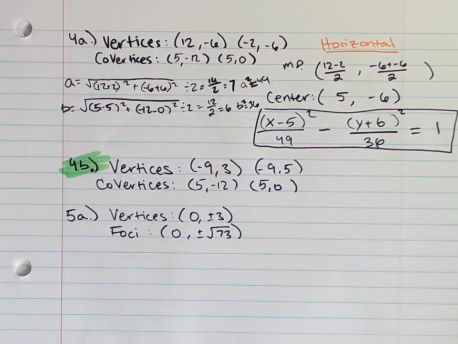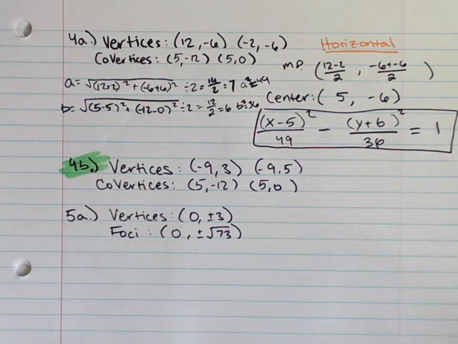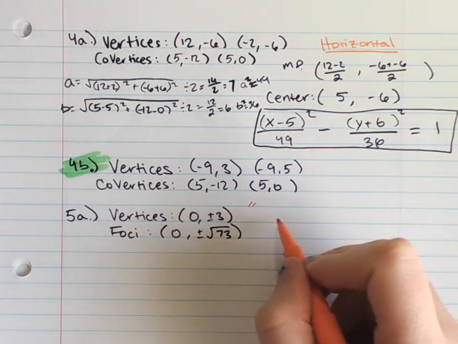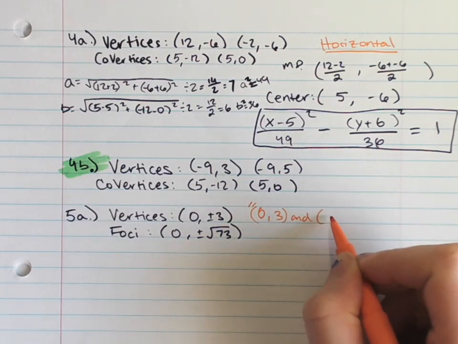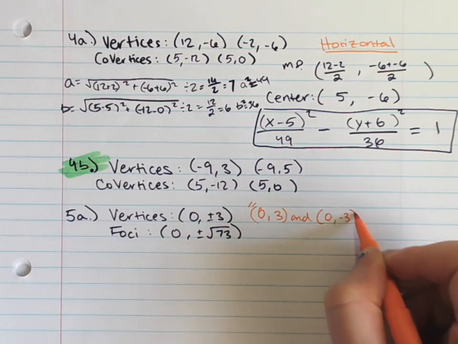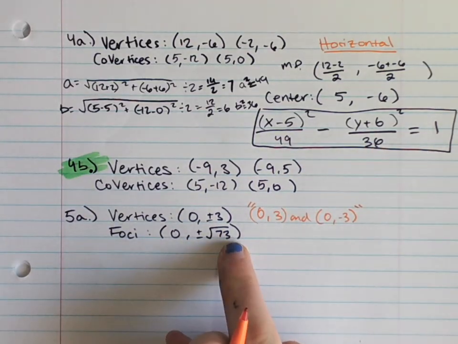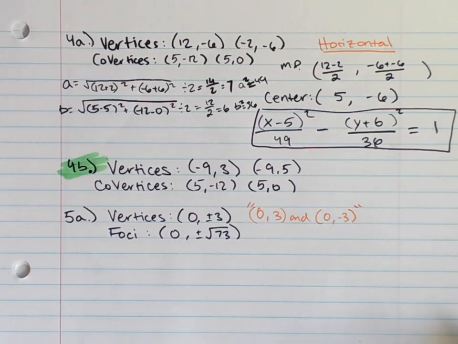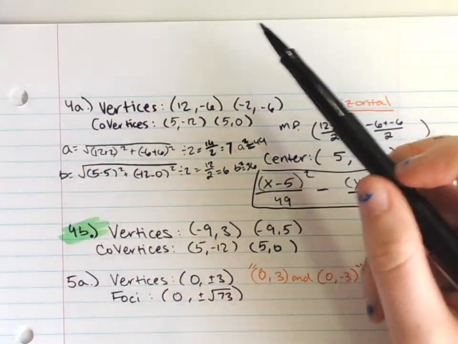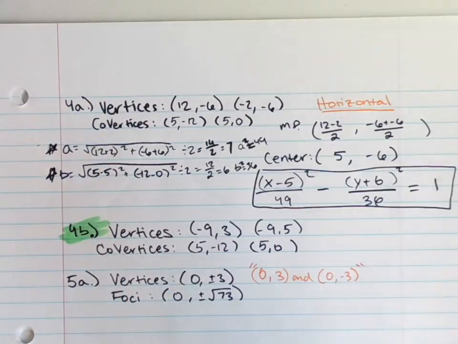Okay, so if you're ever given this plus or minus business, you almost have to read it as 0, 3, and 0, -3. That's basically what this is saying. Same thing with this one. It's 0, positive square root of 73, and 0, negative square root of 73. Why is this one different than the ones that we've done before? Well, in the ones that we've done before, we were able to find a and b.